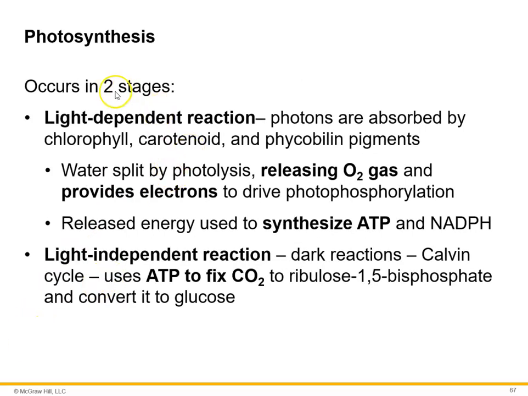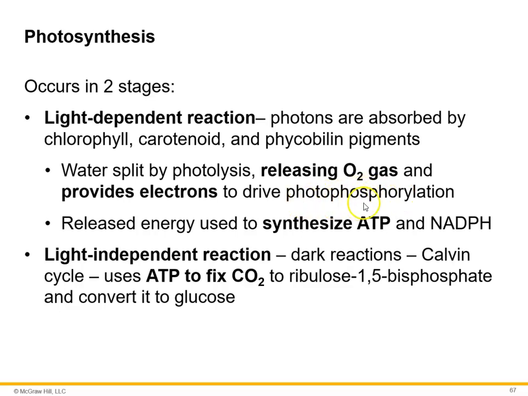How does photosynthesis occur? It's going to occur in two stages. You have light-dependent reactions. Photons are going to be absorbed by those pigments like chlorophyll. This is going to split water, releasing oxygen. And then that's where the organism gets its electrons from to drive photophosphorylation.